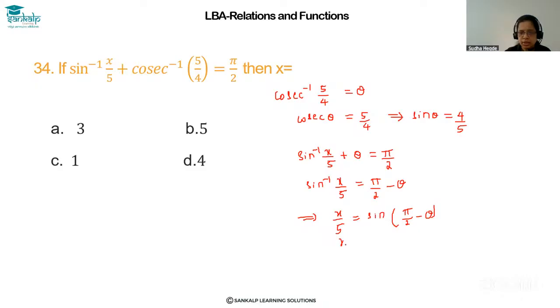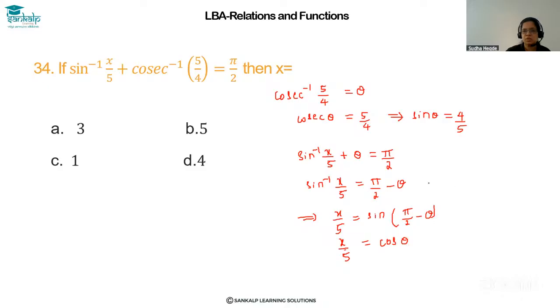So x by 5 is equal to cos theta. Correct? X by 5 is equal to cos theta.